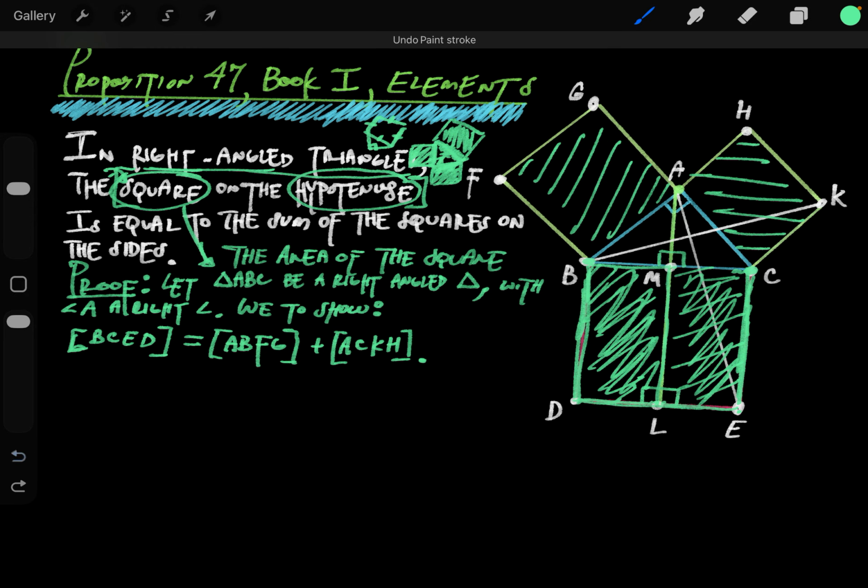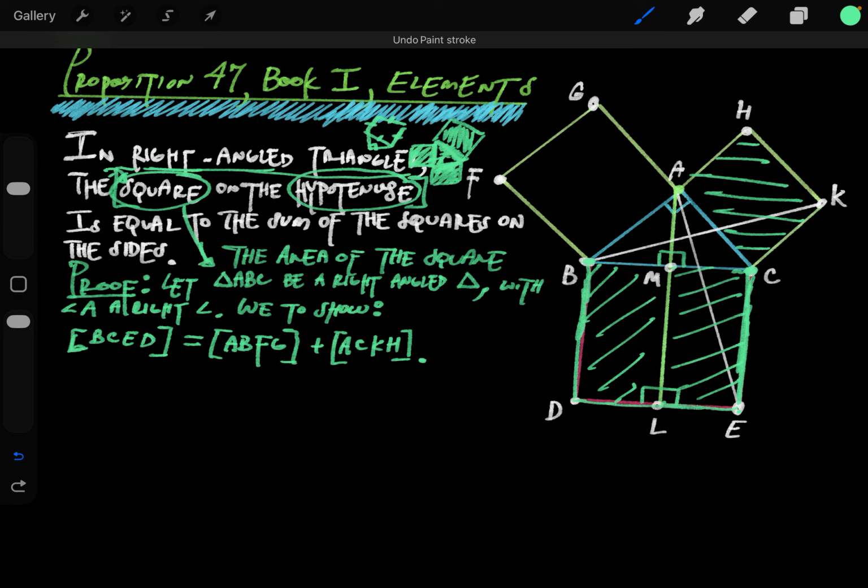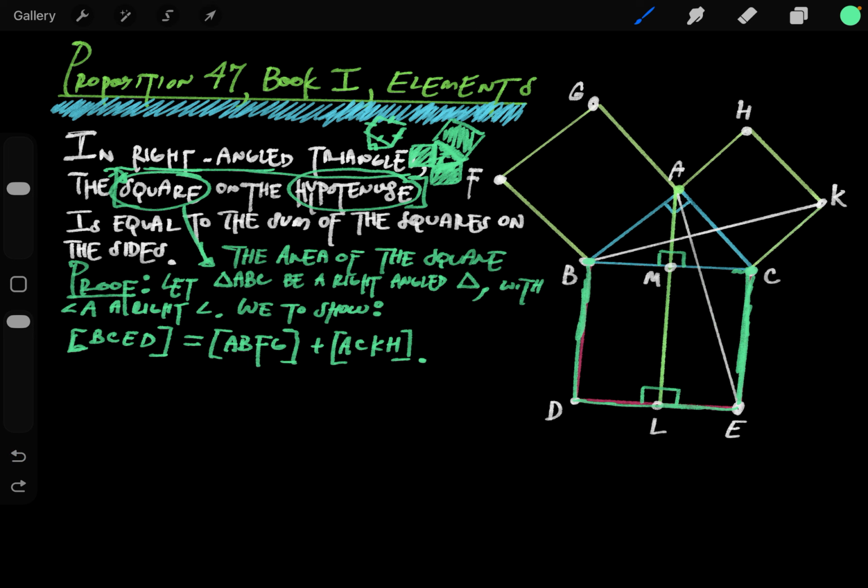Now, to start to show that, we want to write the relationship that we can firstly see is obvious. The first relationship is that square BCED is equal to the sum of these two rectangles, MCEL plus BMLD.